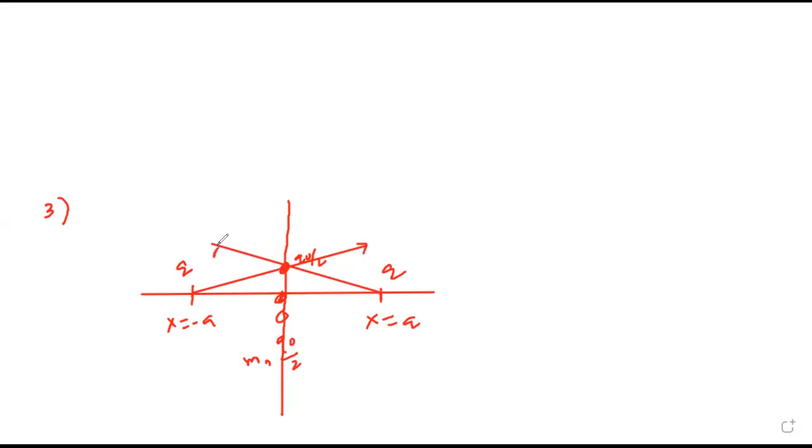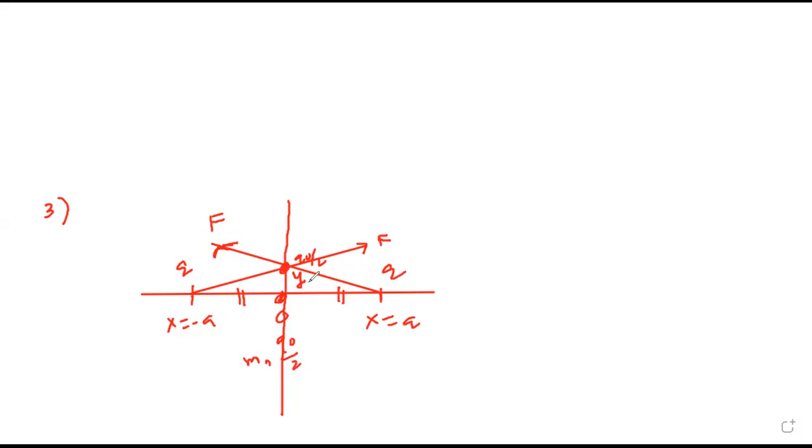Now this distance and this distance are the same, and this is y. That means this distance is also the same, by Pythagoras. So is the magnitude of F acting on both sides the same or different? Yes, it is the same.